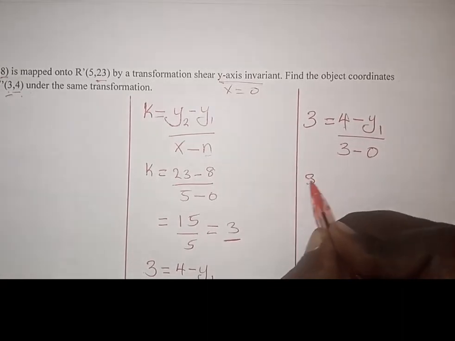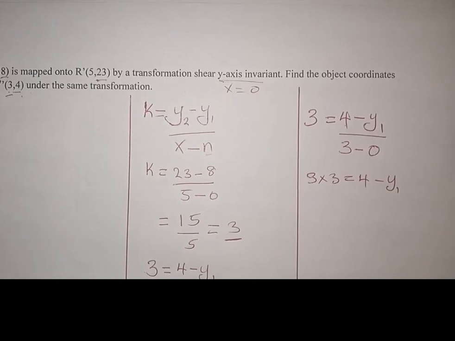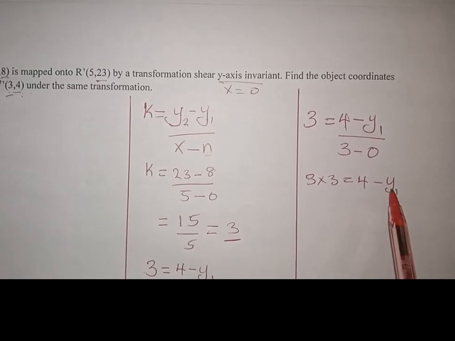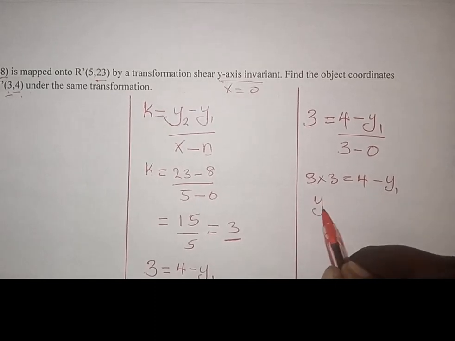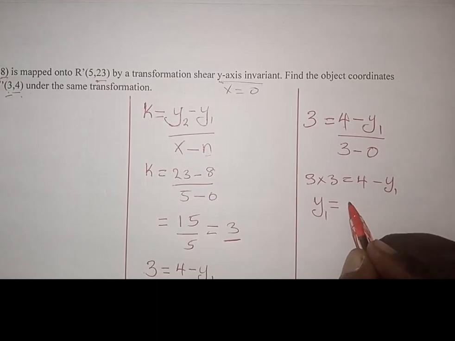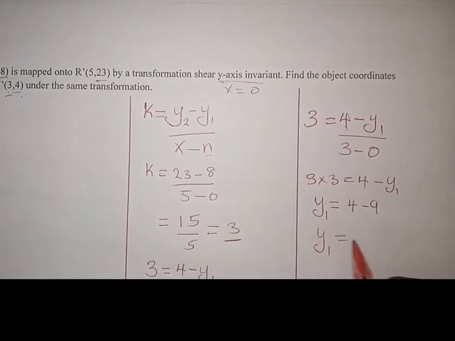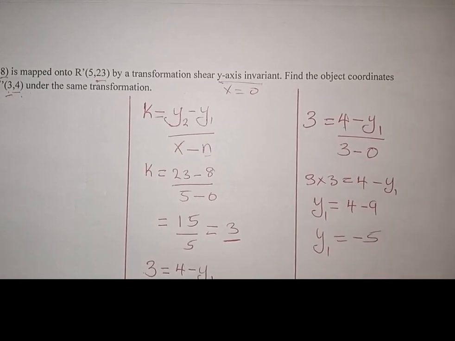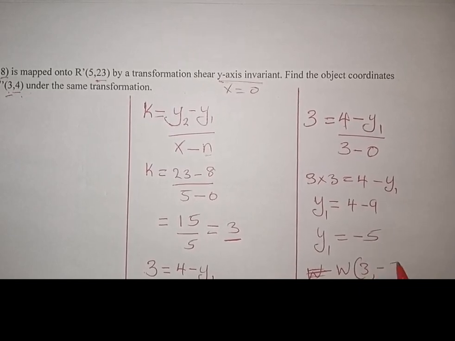We end up having 3 times 3 equal to 4 minus y1. You take y to this side and the other to the other side. We have y1 equated to 4 minus 9, so y1 is equal to -5. The coordinate (x,y), so W is (3,-5).